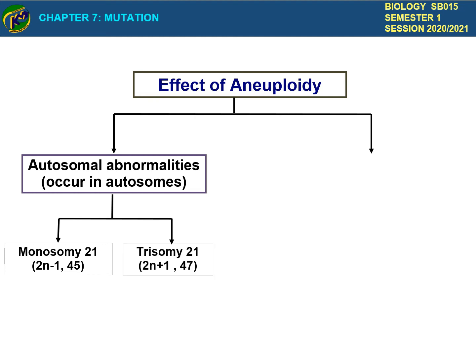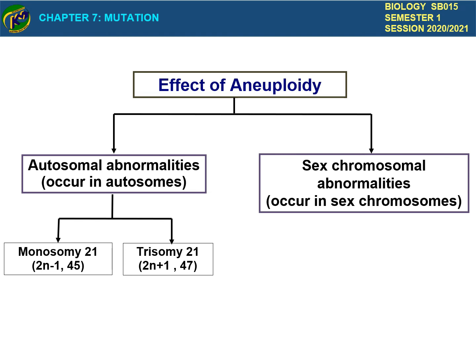The second example is trisomy 21, or also known as Down syndrome. Down syndrome individual has ploidy level 2n+1, and the number of chromosomes is 47, which is one extra chromosome compared to the normal individual.